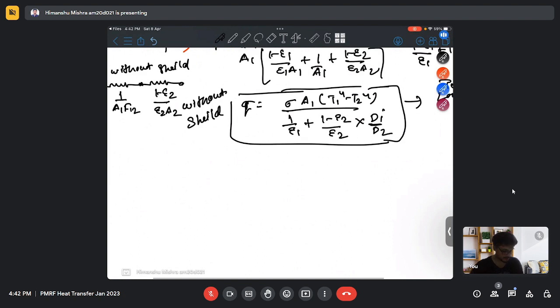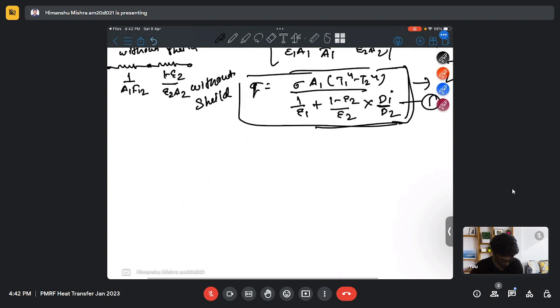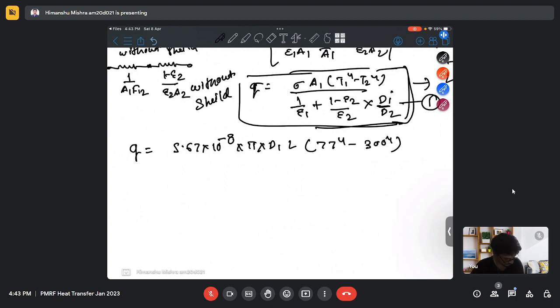So for the without shield case, we just need to plug the values into, let's say, equation 1. This is my temperature, and my emissivity epsilon 1 is 0.02 and epsilon 2 is 0.05.